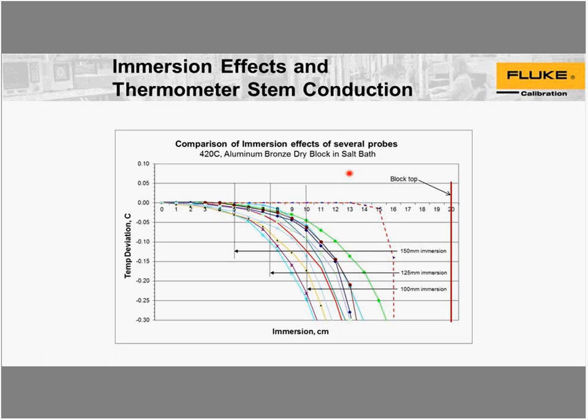I'm trying to evaluate then the effect of the thermometer as I try and do an axial gradient type of test. These happen to be all different designs, diameters, sensor lengths, and I've immersed them to the bottom of this 20 millimeter well, 20 rather, and I've withdrawn them in much the same fashion.